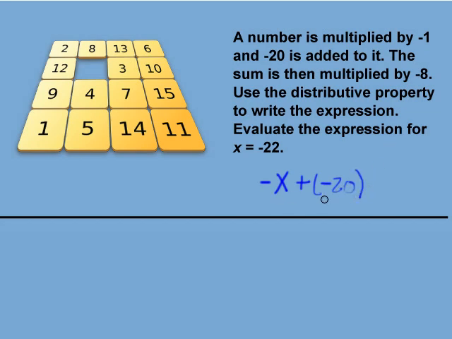This sum, or the entire expression, is multiplied by -8. So we enclose the expression in parentheses and multiply the whole expression by -8 as shown here. This is the mathematical equivalent of this verbal expression.